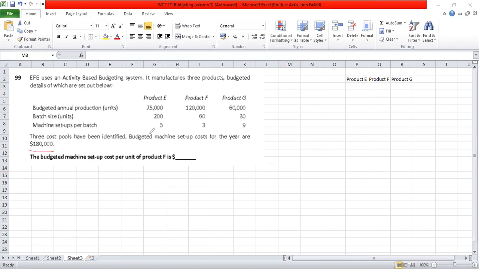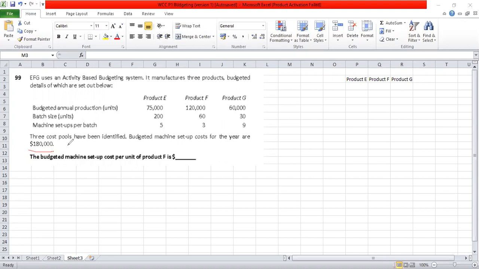This is budget. Budgeted machine setup cost for the year is 180,000. So this 180,000 first should be allocated to T, F, and G. Then after that, we divide by the number of units to find out the overhead cost per unit of each of the products. That is the logic.